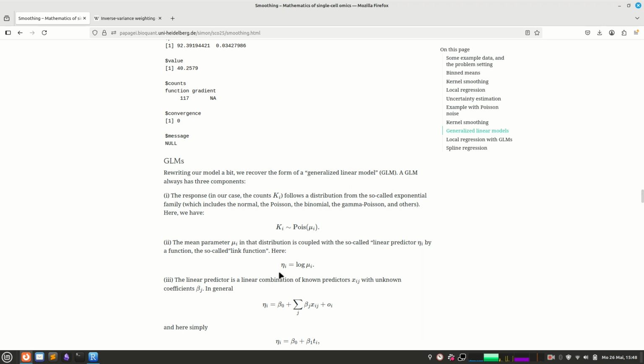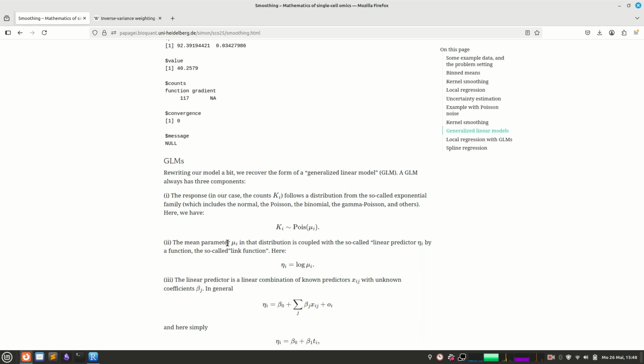I was wondering, you said a mean parameter. Is this not just for the Poisson, or should we always use distributions which can be characterized by them? Usually it's always a parameter, yes, you always put it in a way that it's a mean. You have also the binomial GLM, you always push it in a way that it's something which either is the mean or is proportional to the mean.